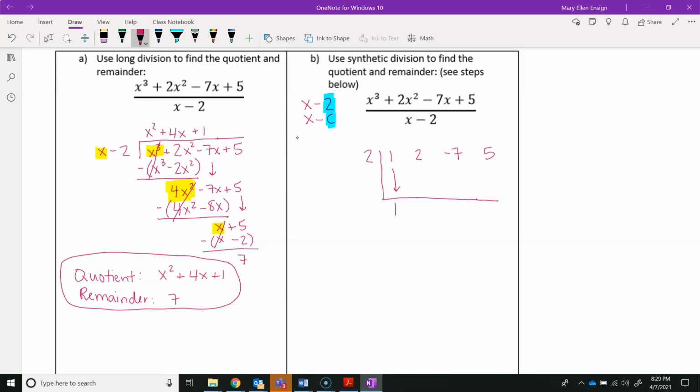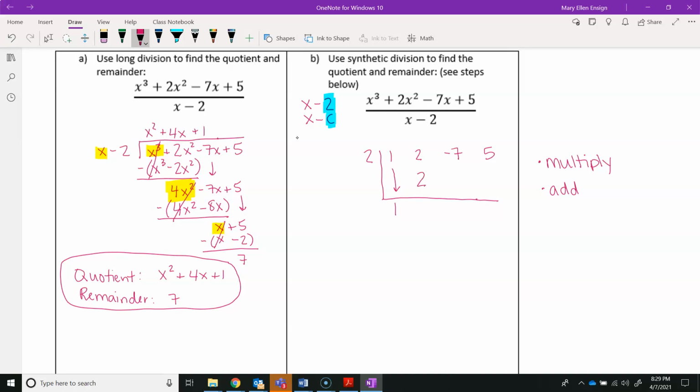And then the 2 words that I'm going to tell myself are multiply and add. Those are the 2 words we're going to use over and over and over. So I'm multiplying this bottom number of 1 by the divisor part 2. So 1 times 2 is 2, and it goes right here.